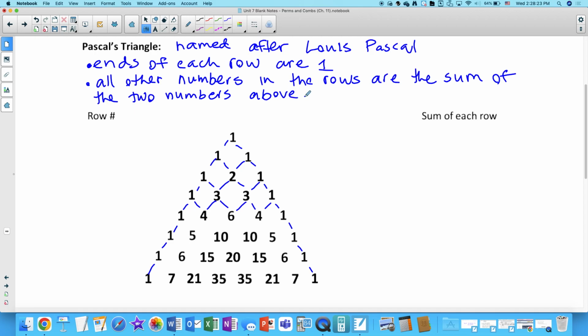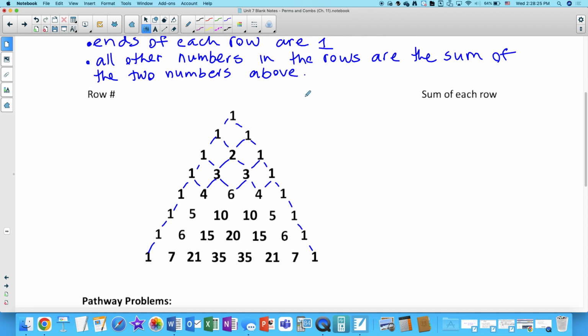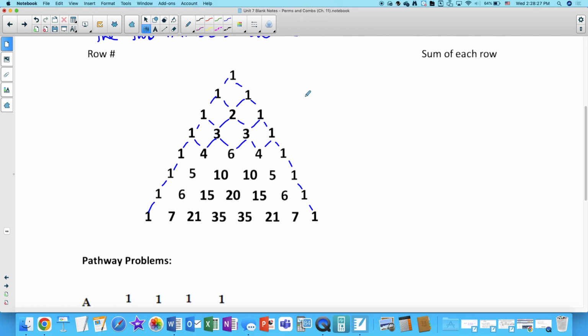Okay, so let's actually, just so we can get a sense of this, write out the next row. So when you're writing out the next row, the first thing you want to do is make sure to extend the 1s. Okay, so what would the next number be? 8, yeah, and it kind of goes in the middle of the 2, like a pyramid, it's staggered.